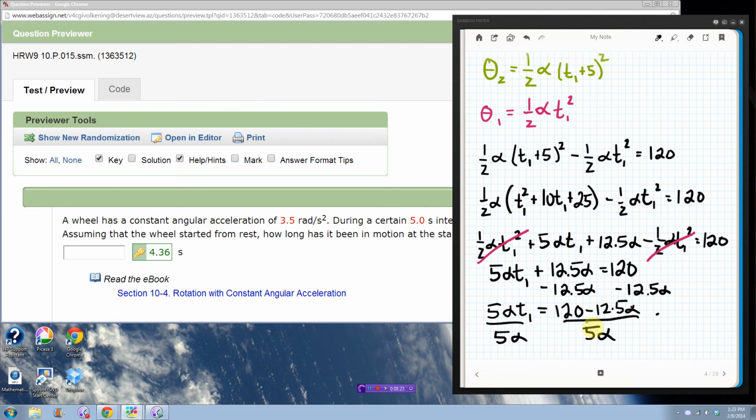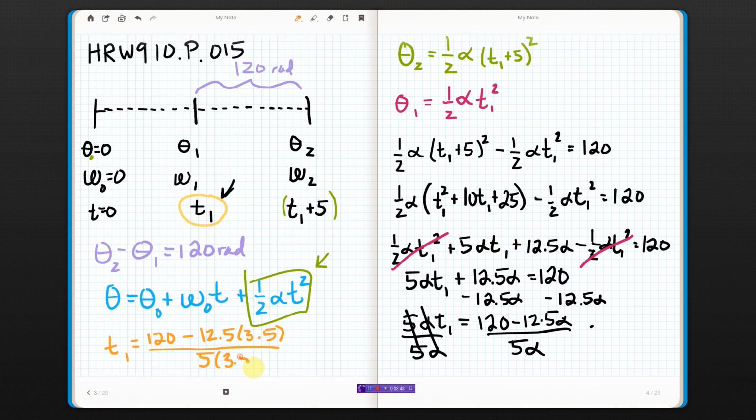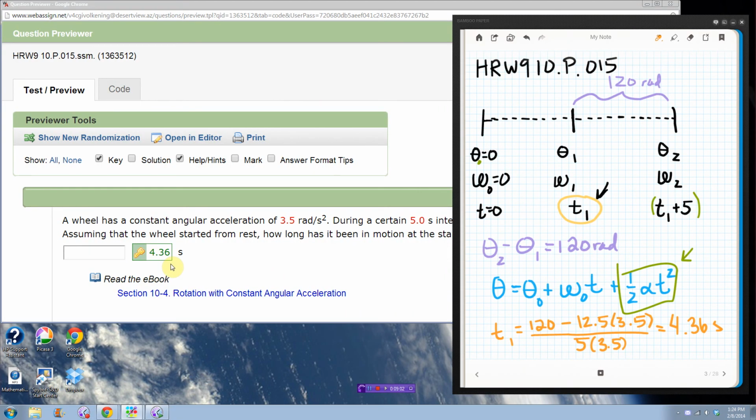So t1 is 120 minus 12.5 times 3.5, all over 5 times 3.5, and I get 4.36 seconds. Let's go check on that. Yep, 4.36 seconds is in fact the answer.